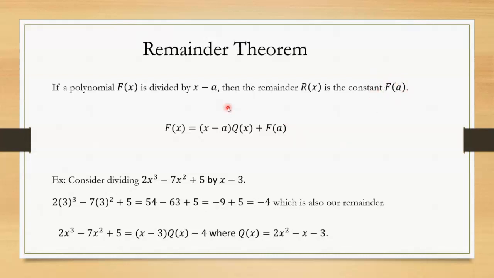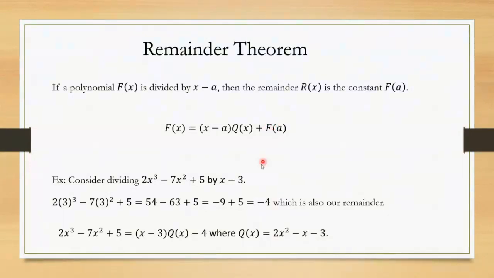It's really just from the division algorithm, because if you're dividing by x minus a, you can find a polynomial capital Q of x, which is our quotient, and a remainder R of x, such that this is true. Then you can replace x by a to get that the remainder has to be this. So that's what we get here.